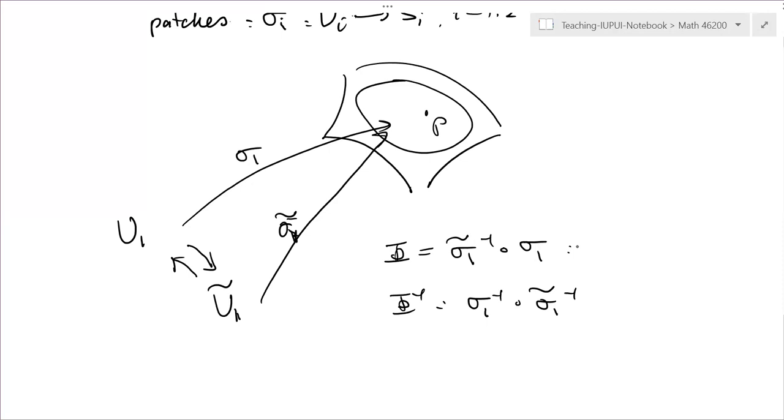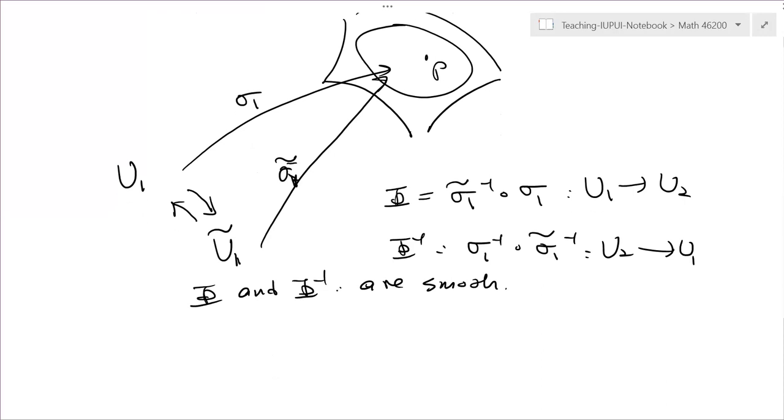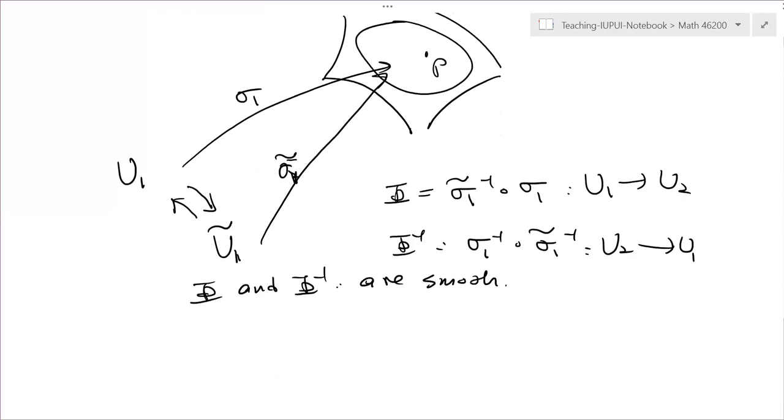This is from U1 to U2, and that's from U2 to U1. We know that those two must be smooth, so it doesn't matter which one you use. The smoothness will not change.